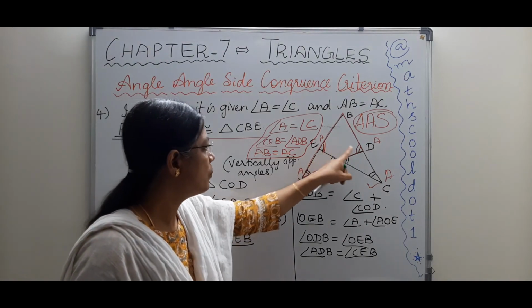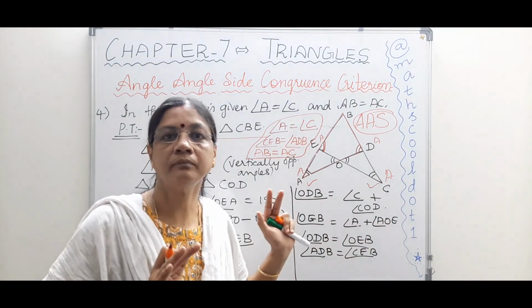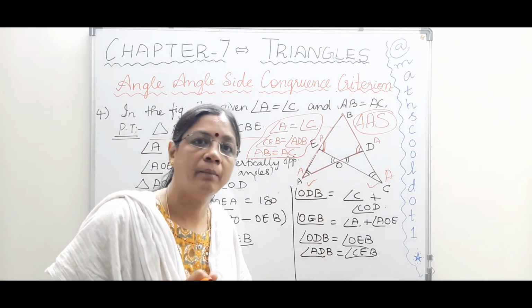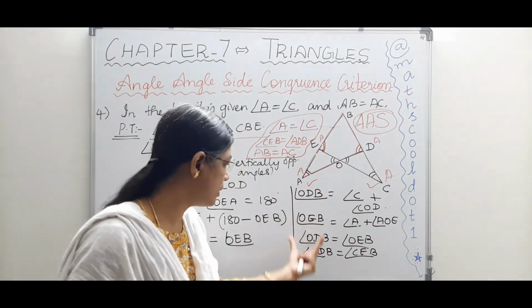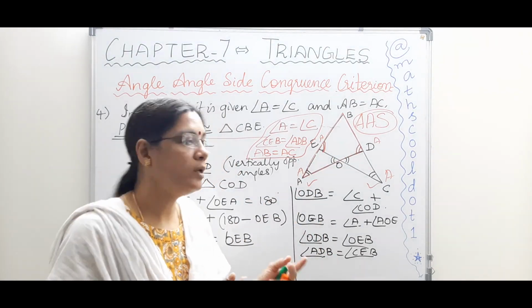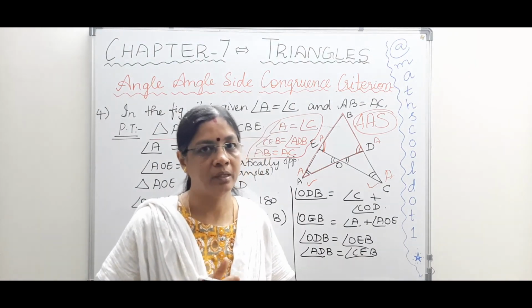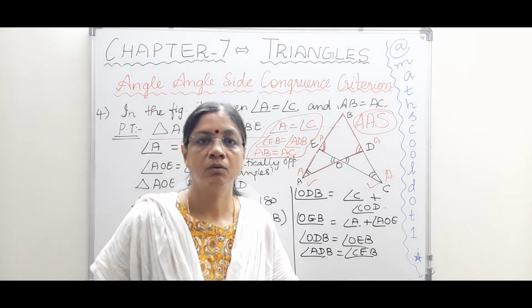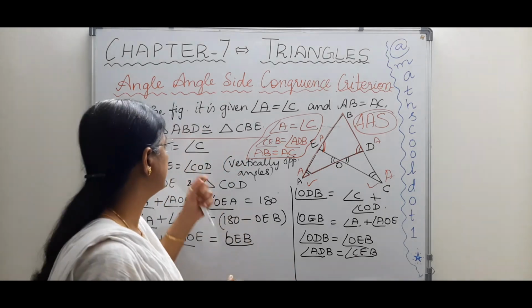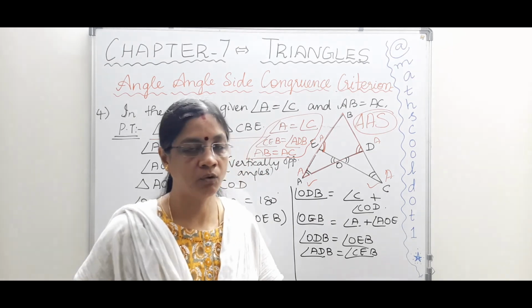And we see both these angles to be equal because on the right side we have the same terms. So on the left side, these two angles are equal. Then we follow the triangles and we see two angles on one side to be equal in both the triangles. So thus we prove that triangle ABD and triangle CBE are congruent.